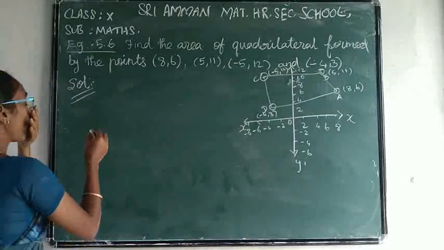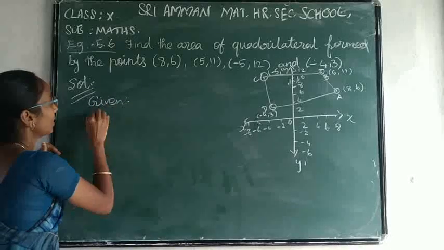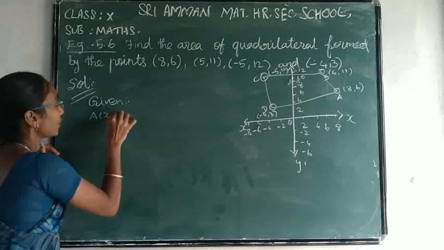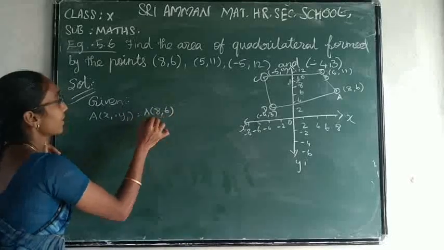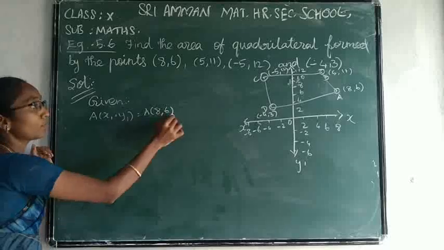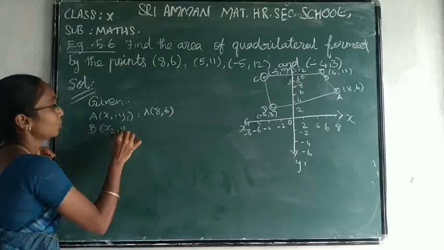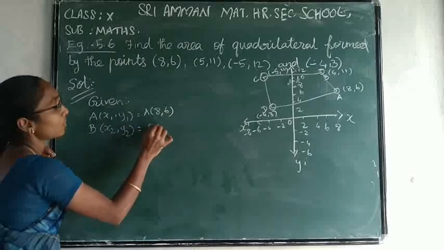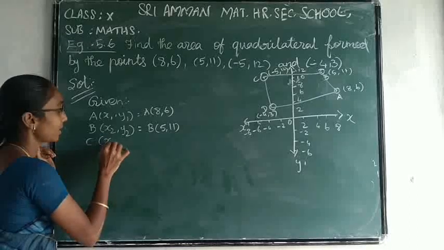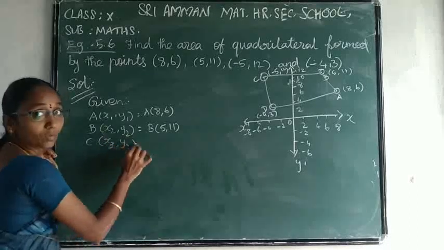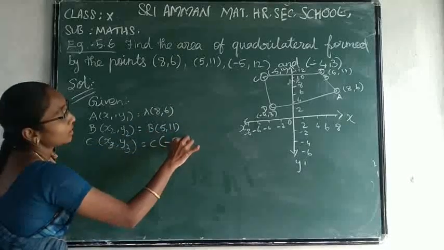I consider the given points. A of x1, y1 equal to A of 8, 6. So x1 is 8, y1 is 6. B of x2, y2 is B of 5, 11. And then C of x3, y3 is C of minus 5, 12.